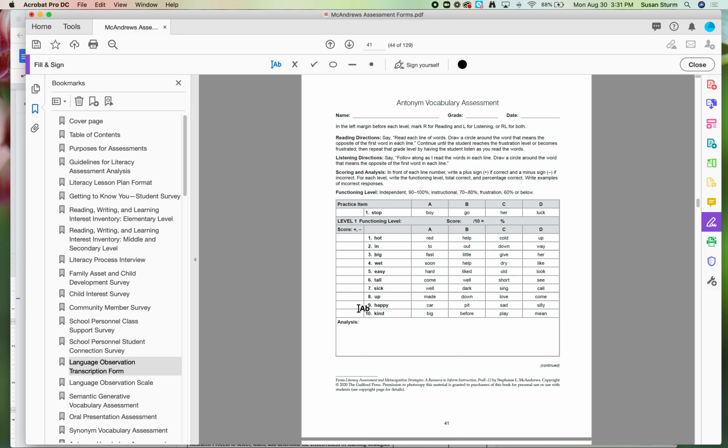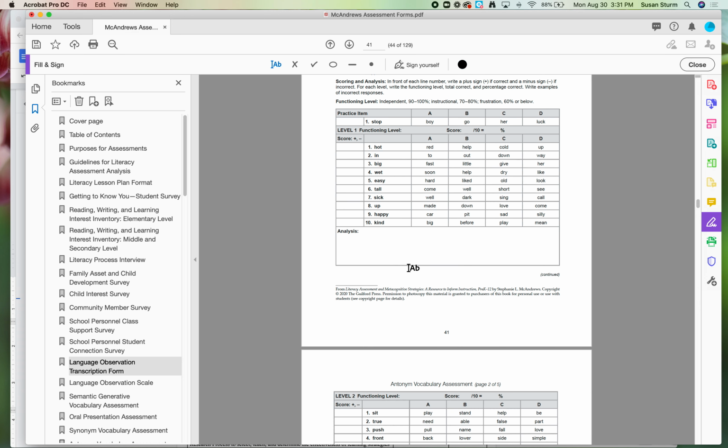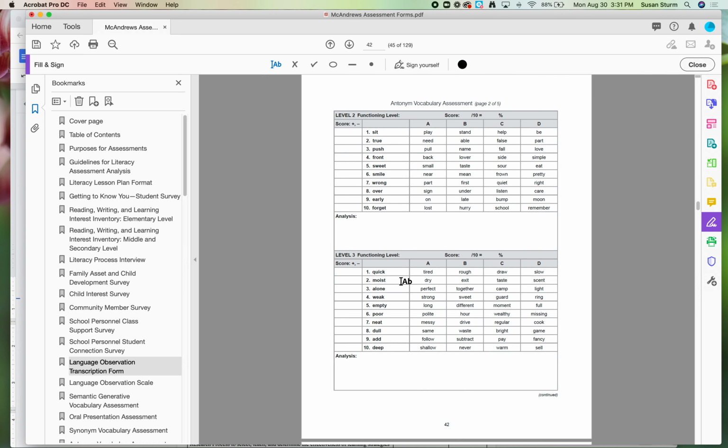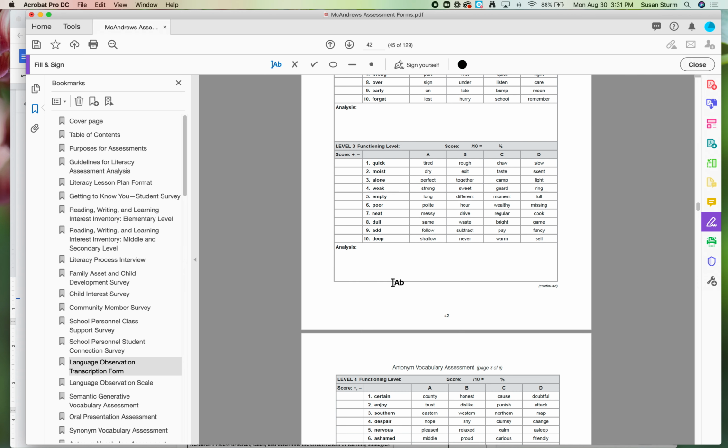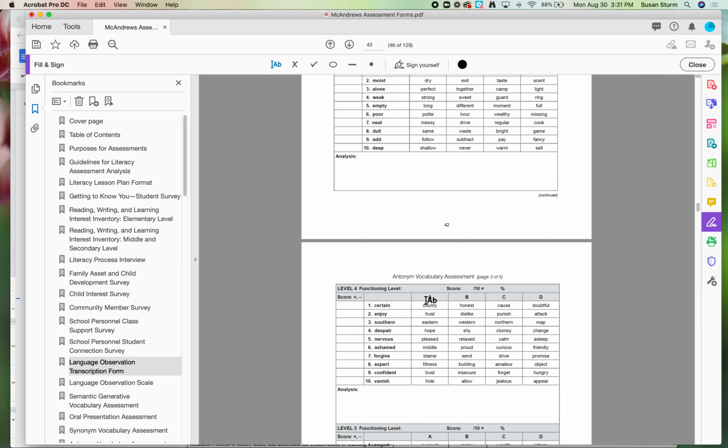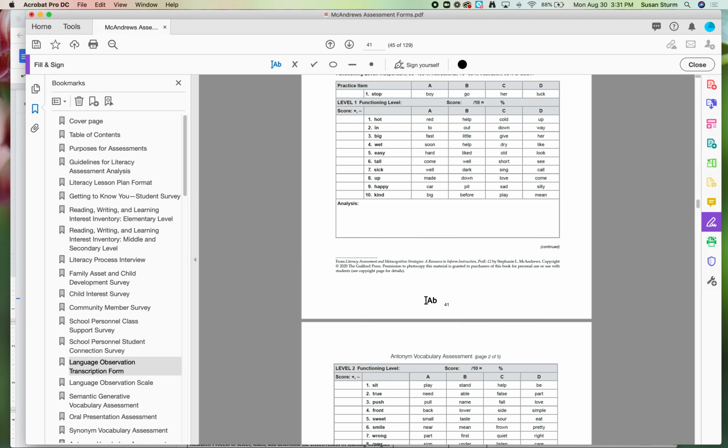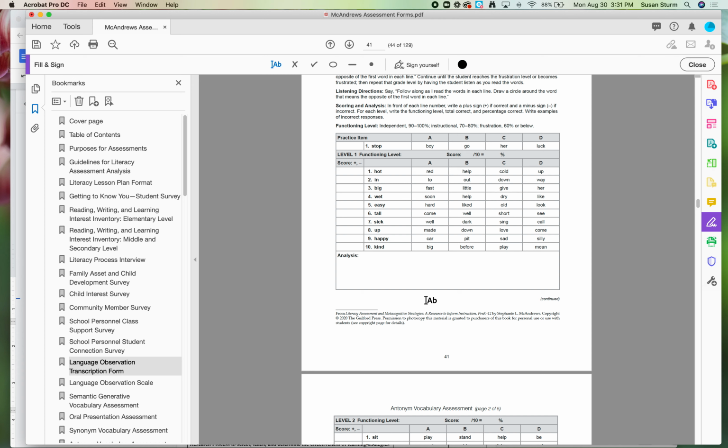If they get 9 out of 10 on level 1 and they're in first grade, you're going to go up to level 2. And if they still get 7 or 8, you're going to move up to a level 3 until they score a 60 or below. So you're going to continue to test out for this assessment.